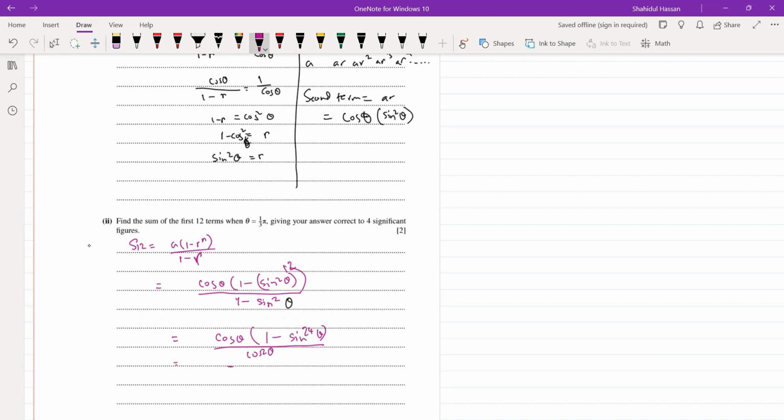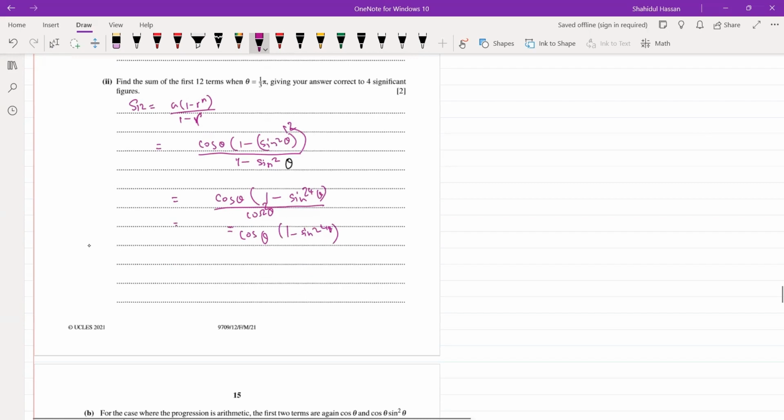So we can have cos theta times 1 minus sine to the power 24 theta.